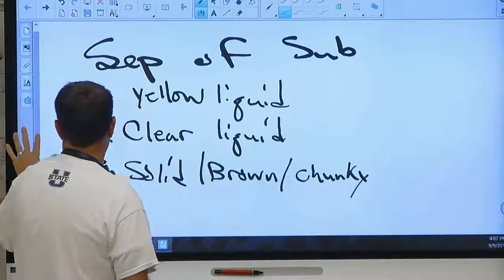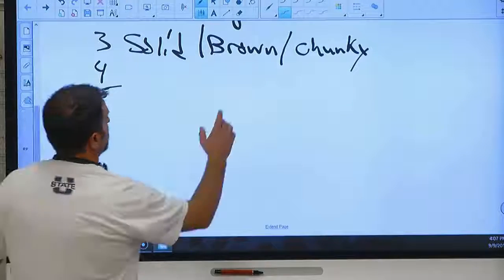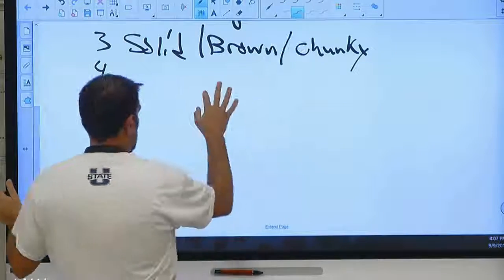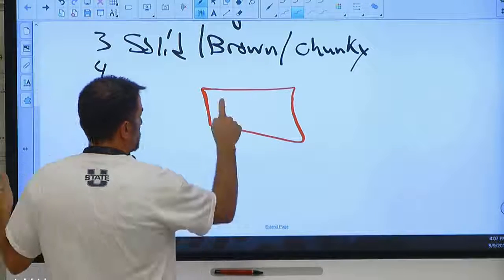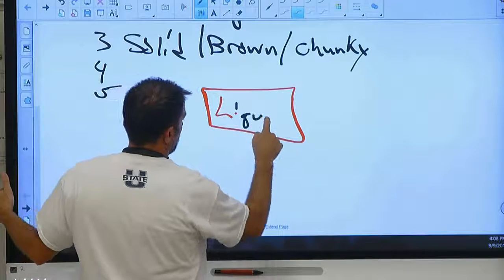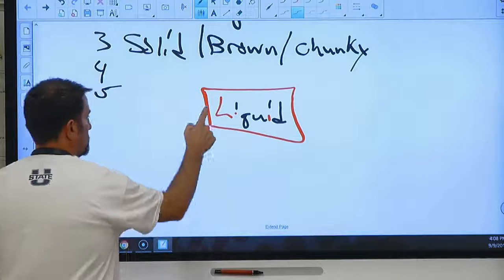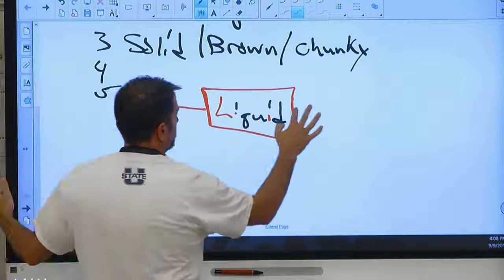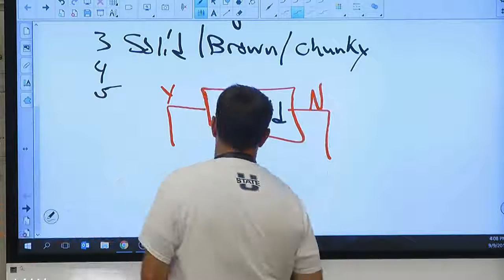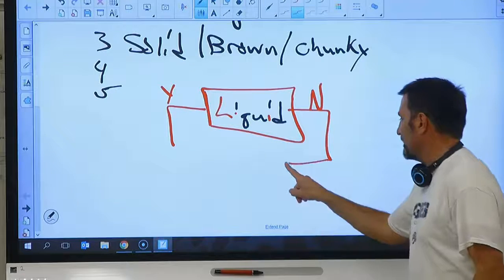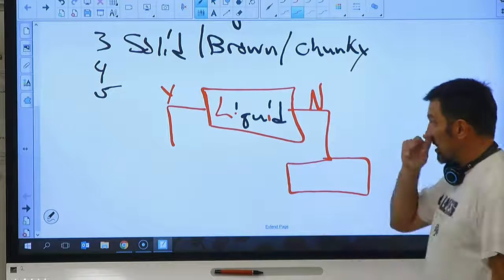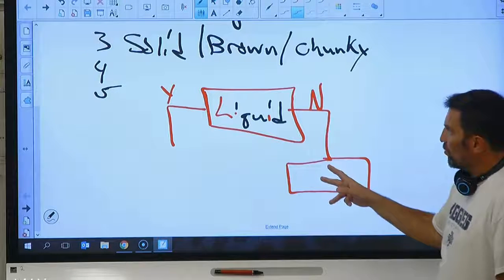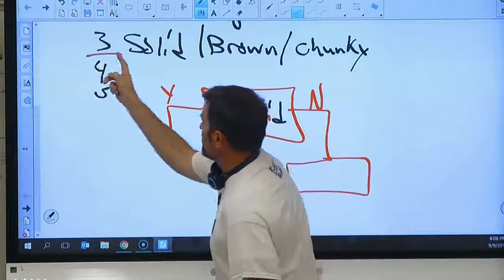So the easiest question first off to separate these to me is either is it a solid or is it a liquid? So I'm going to say a liquid. I don't know why it changes colors. I'm going to put yes over here and no over here. Now over here I'm not going to ask any more questions. So if I don't ask questions, I just put what the number was, and for this we're going to say it was number 3.